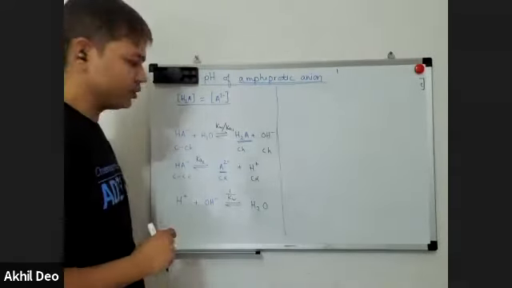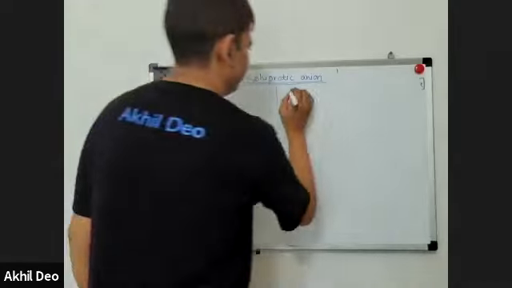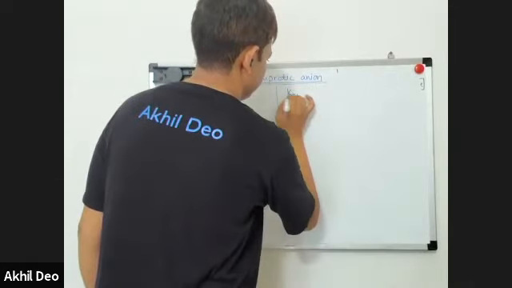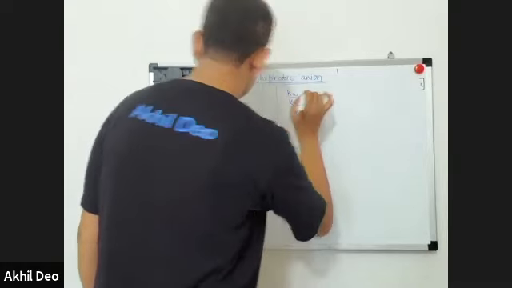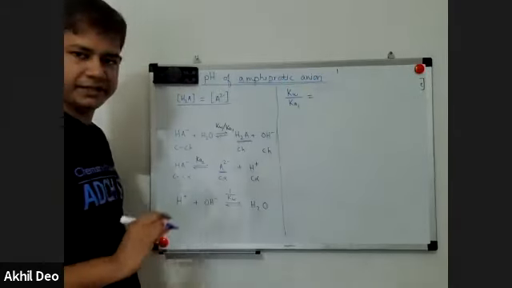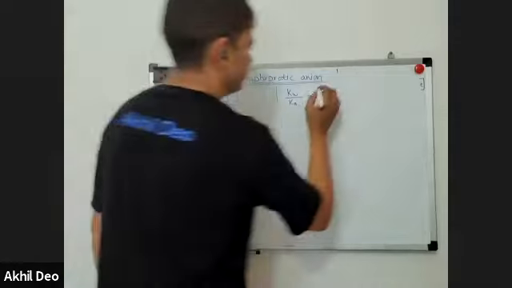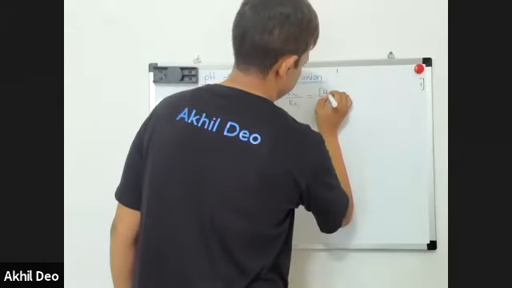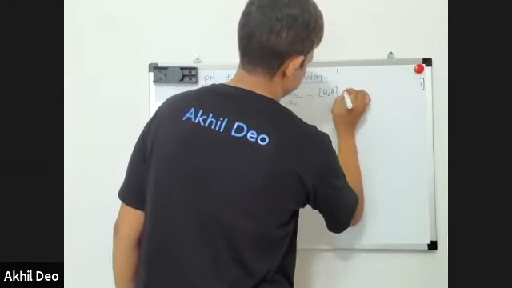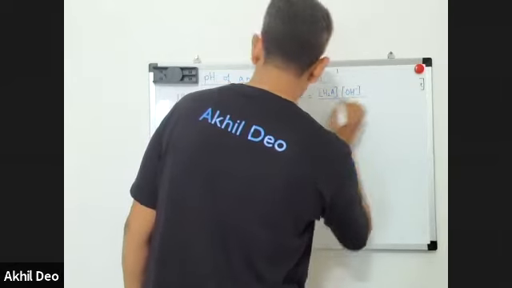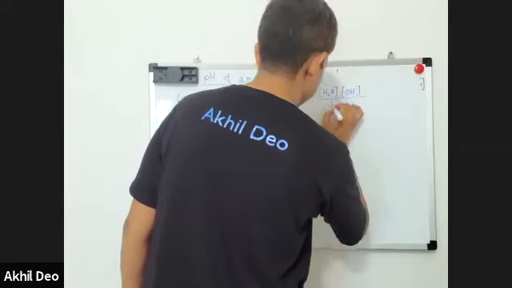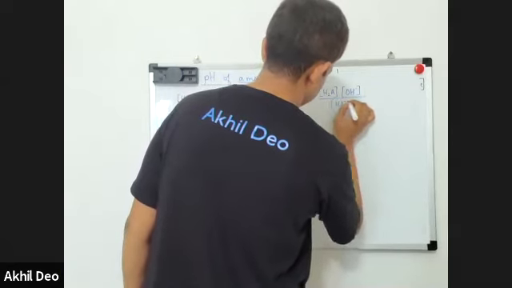Now first, solving for the first equilibrium, we get Kw upon Ka1, which is Kw upon K1, is equal to concentration of H2A into concentration of OH minus upon concentration of HA minus. This is Kw upon K1.